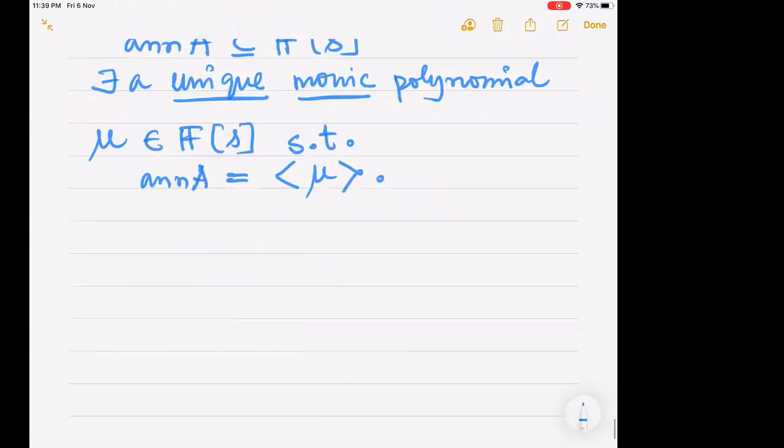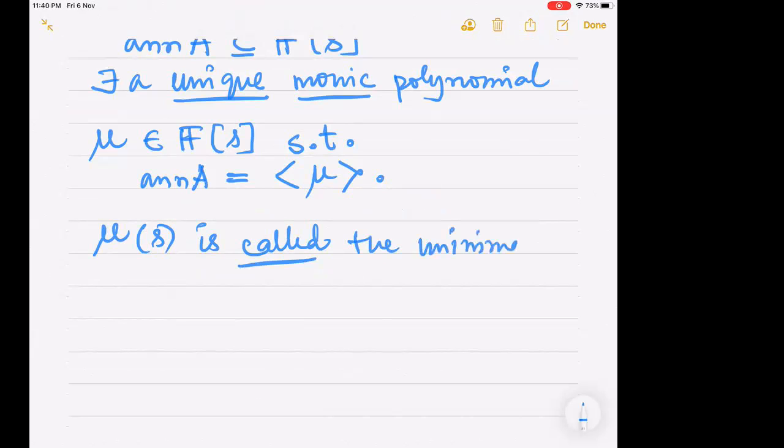This polynomial mu(s) is called the minimal polynomial of the operator A. Like we have the characteristic polynomial, we have one more polynomial called the minimal polynomial, right? So what is the minimal polynomial?